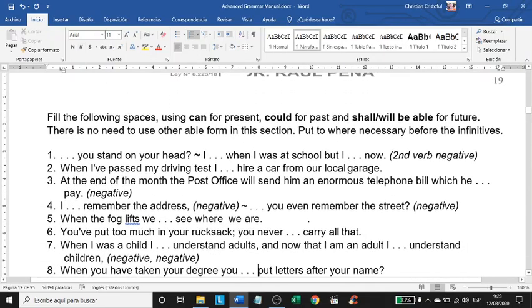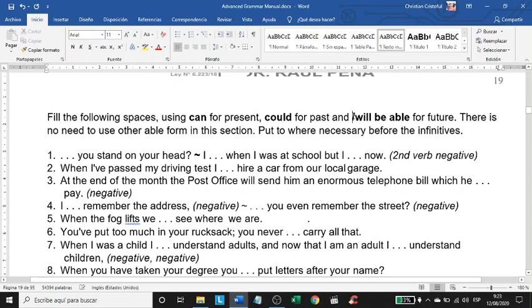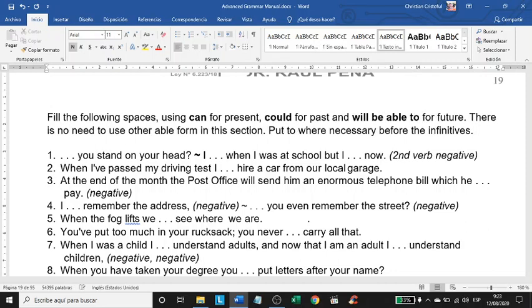I will not write shall in the exam, so don't worry about shall. Let's eliminate it. We fill the following spaces using can for present, could for past, and will be able to for future.